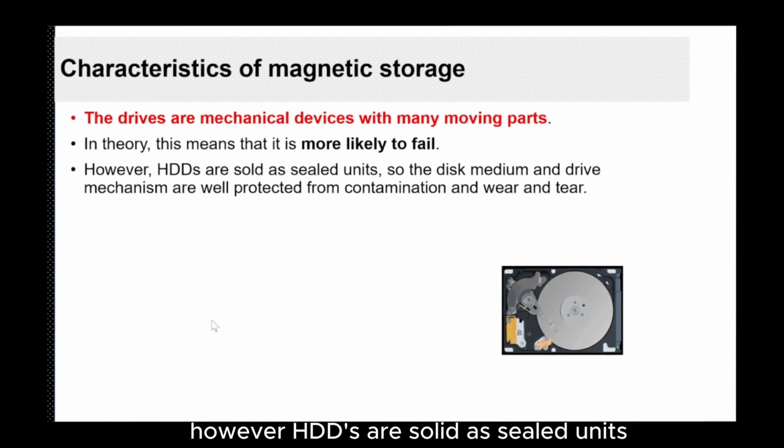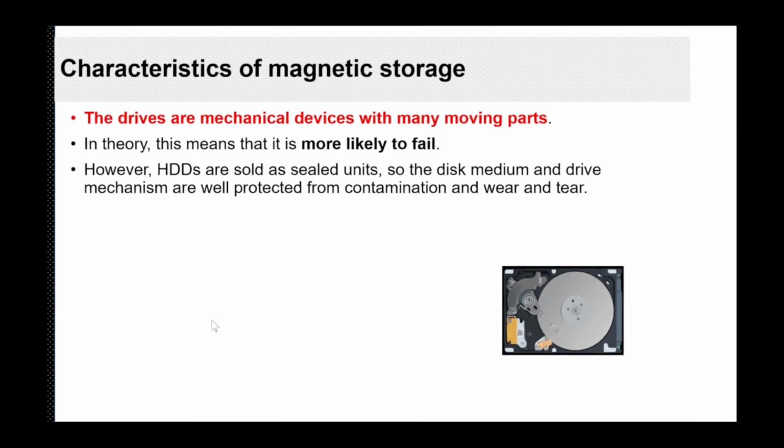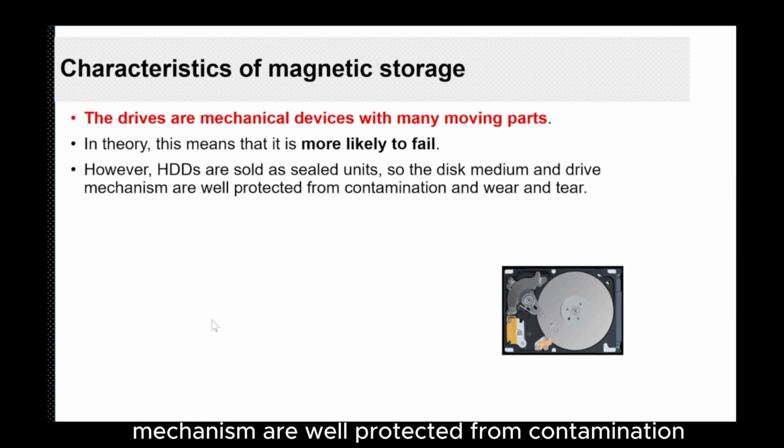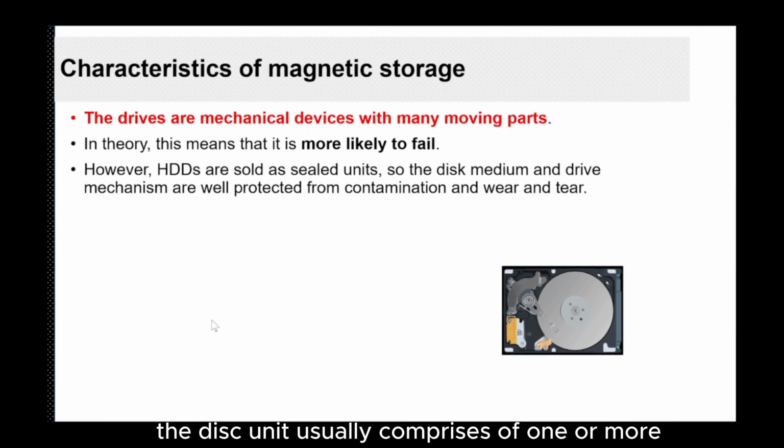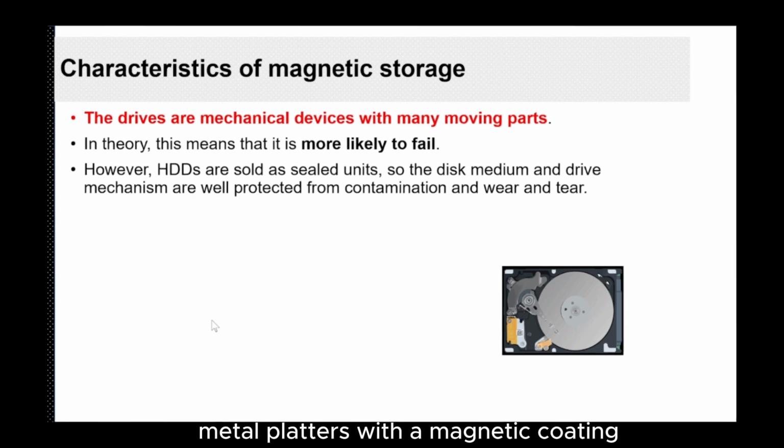However, HDDs are sold as sealed units, so the disk medium and drive mechanism are well protected from contamination and wear and tear. The disk unit usually comprises one or more metal platters with a magnetic coating, a spindle to hold or spin the platters, and the read write heads on an arm.